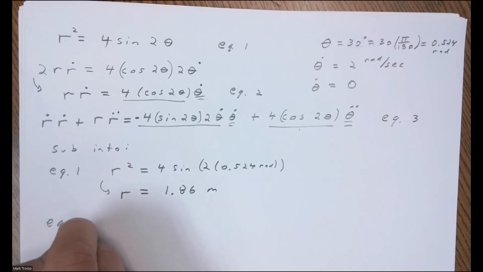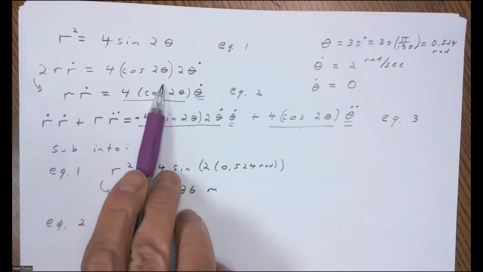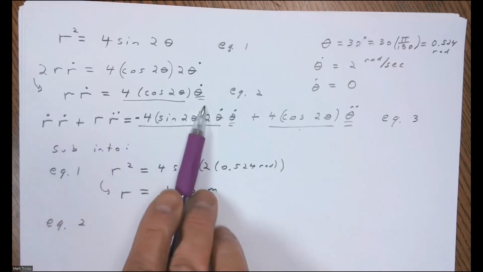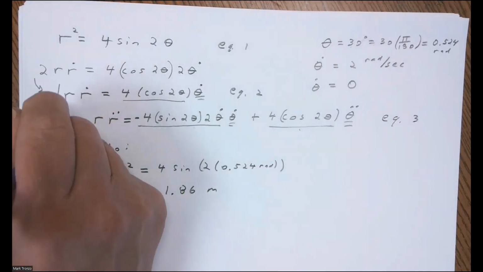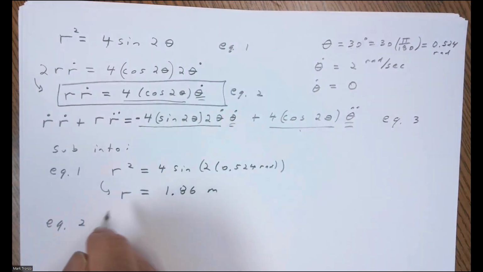Use also equation 2. And so we'll plug stuff into equation 2. We'll use this one right here. Let me put a little box around that. And so that's going to be r we found from here, 1.86.